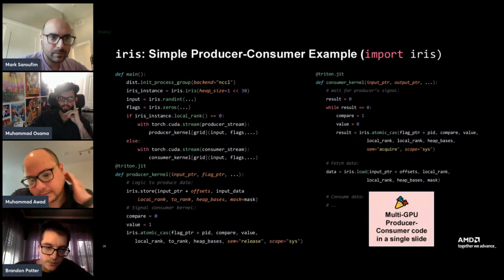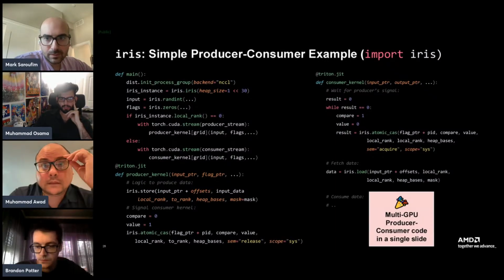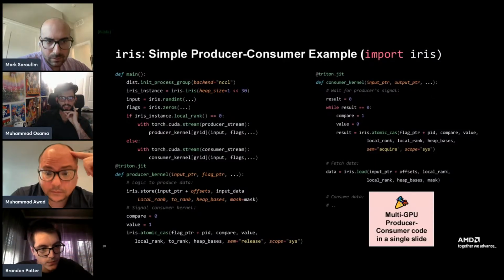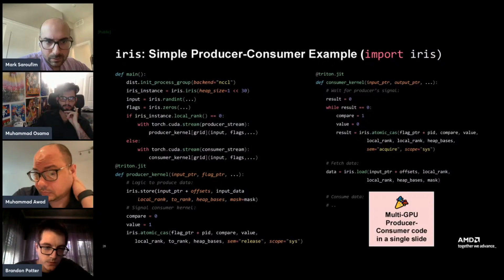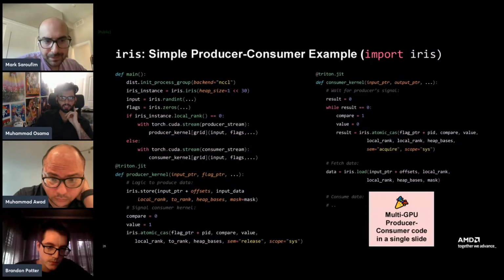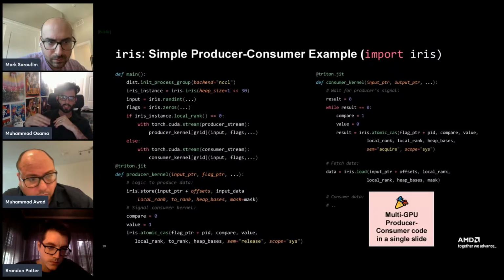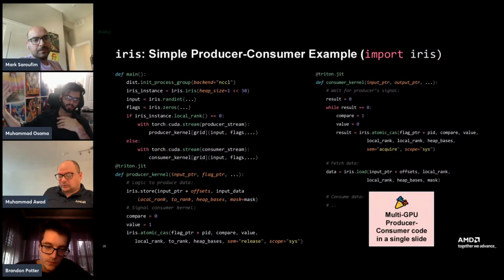One key difference is that on the host side you would probably need some sort of kernel barrier, but in this case, since you're in the device world, the Triton.jit tag above the producer kernel and the consumer kernel implies that this is a GPU kernel, and in that kernel we're doing fine-grained synchronization between a producer on one GPU and a consumer on a completely separate GPU.